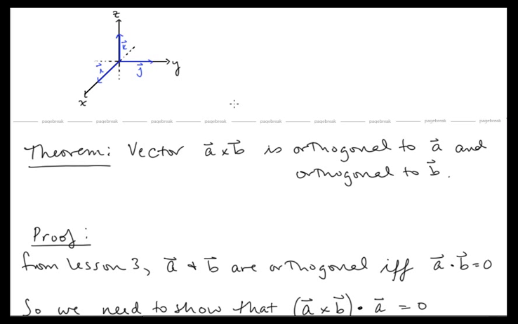Now let's take a look at this theorem. Vector A cross B is orthogonal to vector A and orthogonal to vector B. Now it's clear from this nice example that we just had with I, J, and K, but we're going to go through the proof to show it in general.